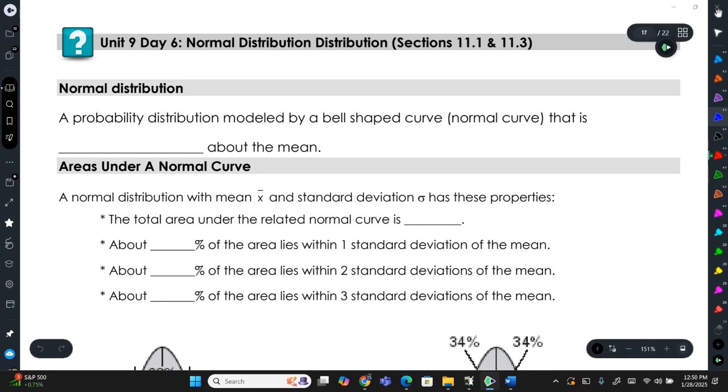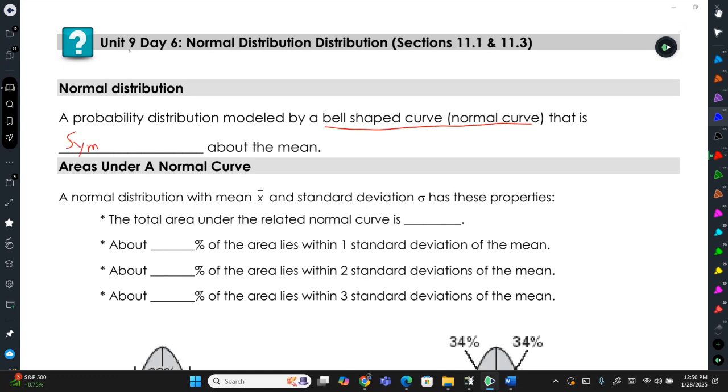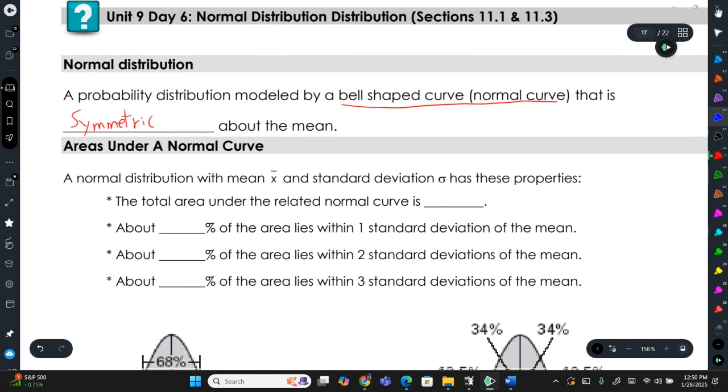So the normal distribution is modeled by a bell-shaped curve, which is also called a normal curve, that is symmetric about the mean. So that means you have as many data points above the mean as you would have below the mean. So symmetric about the mean.